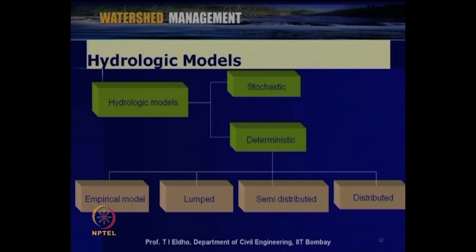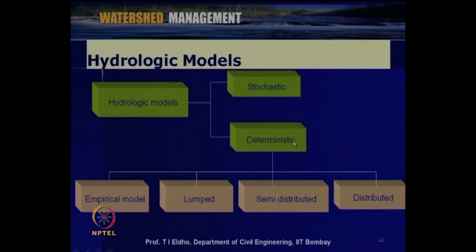Likewise, for watershed parameters like hydraulic conductivity, which vary drastically, we consider their probability distribution and how they vary. When we model that way, those hydrologic models are called stochastic hydrologic models.